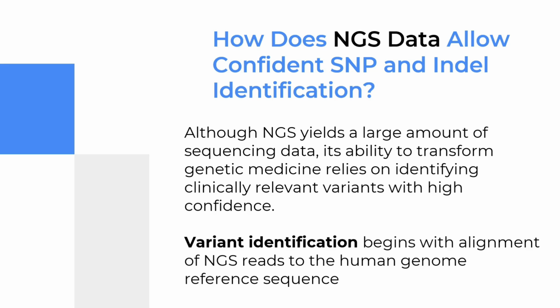Variant identification begins with the alignment of NGS reads to the reference genome. For example, you may not be using human data, but some other organism like Saccharomyces cerevisiae, or a plant whose variations you want to identify.